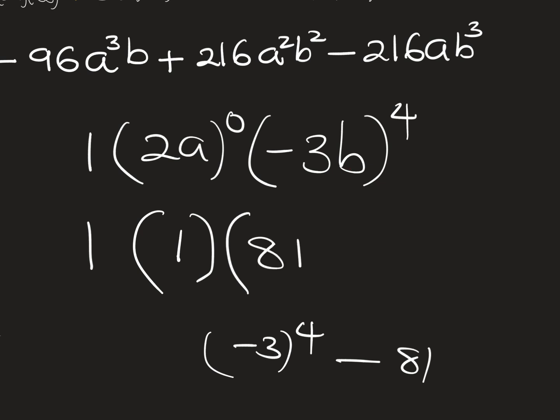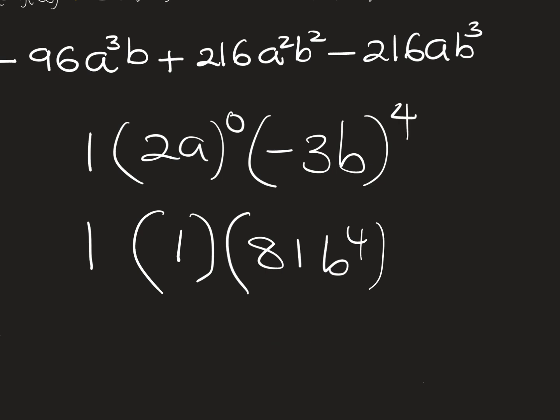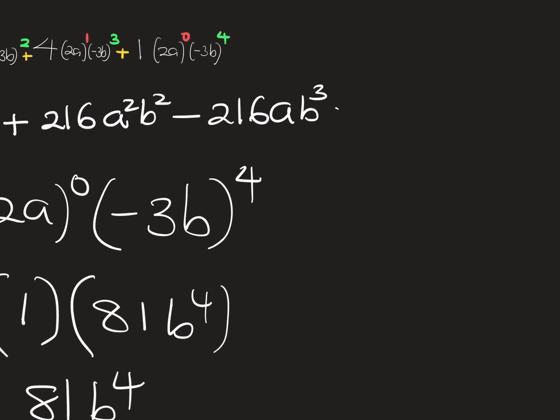And b to the power 4 is just b to the power 4. So we'll have 1 times 1 times 81b to the power 4, which is just 81b to the power 4. It's a positive value, so we're going to add, so that will be plus 81b to the power 4.